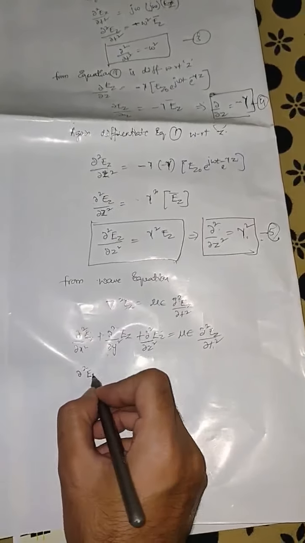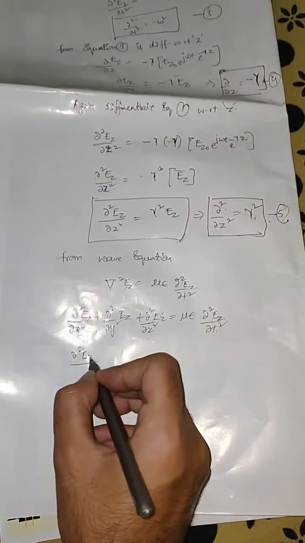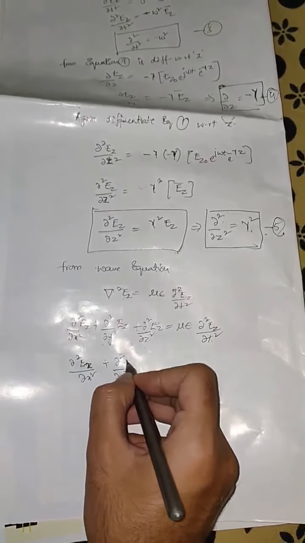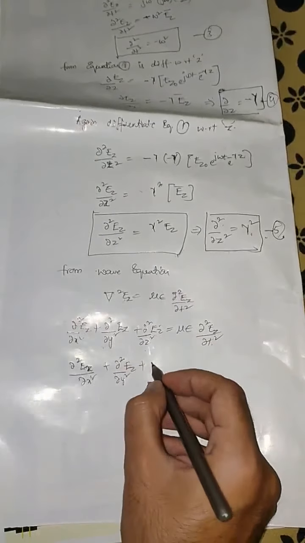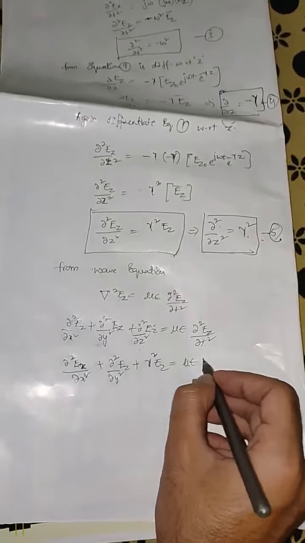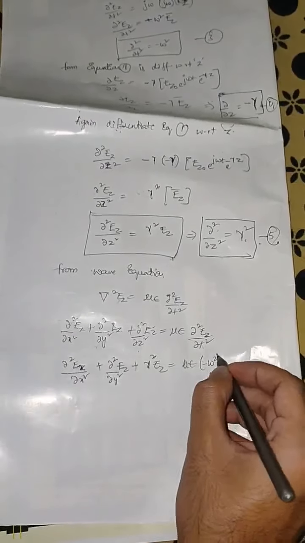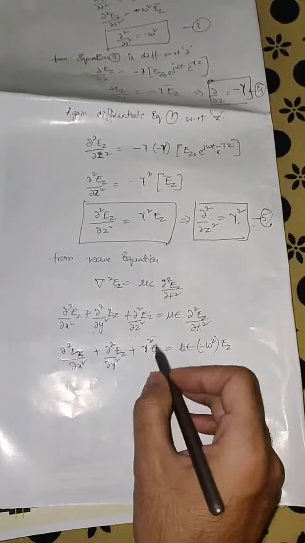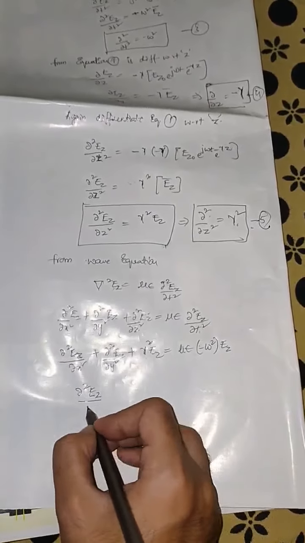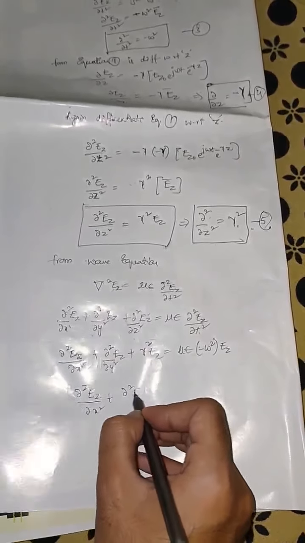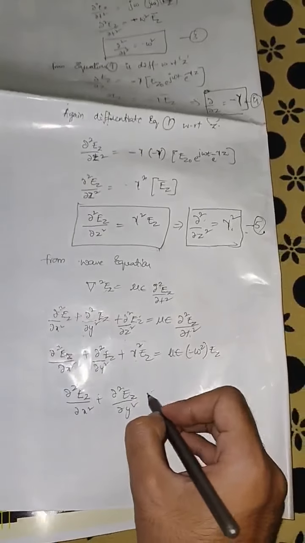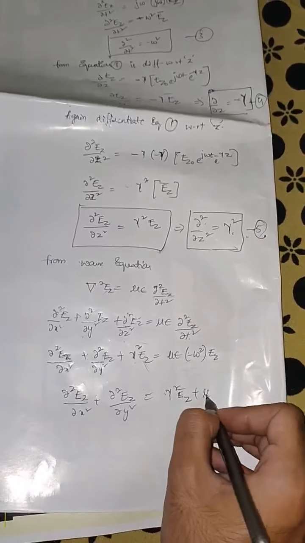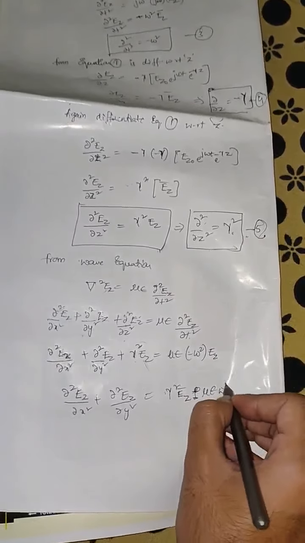So ∂²Ez/∂x² plus ∂²/∂y² Ez plus γ² Ez is equal to μ ε, and ∂²/∂t² can be written as minus ω² Ez. Okay, so now taking this term to the other side, you can write ∂²Ez/∂x² plus ∂²Ez/∂y² is equal to minus γ² Ez minus μ ε ω² Ez.